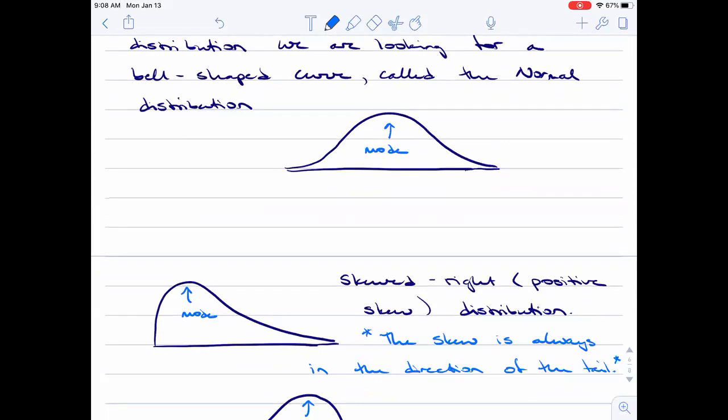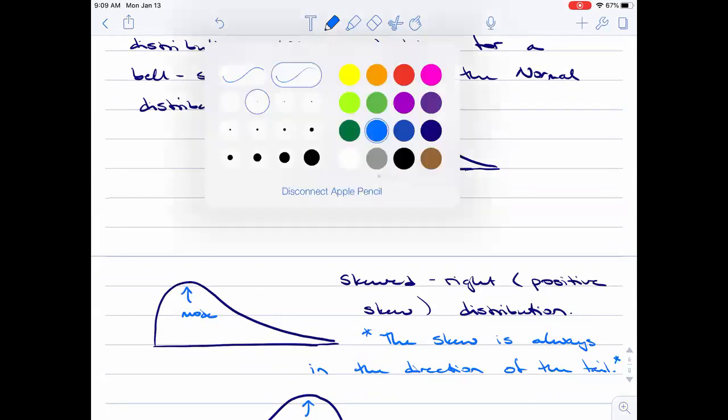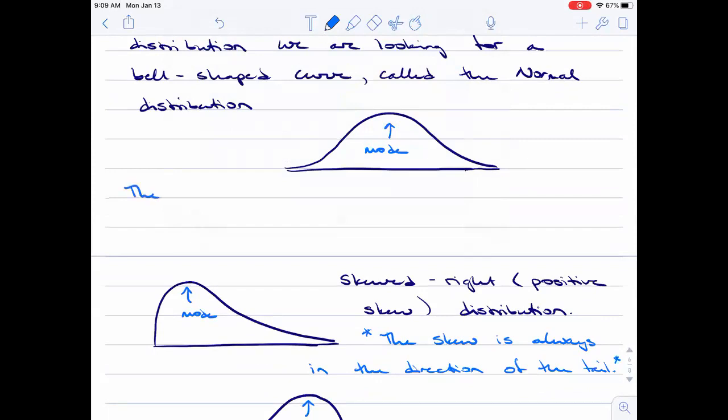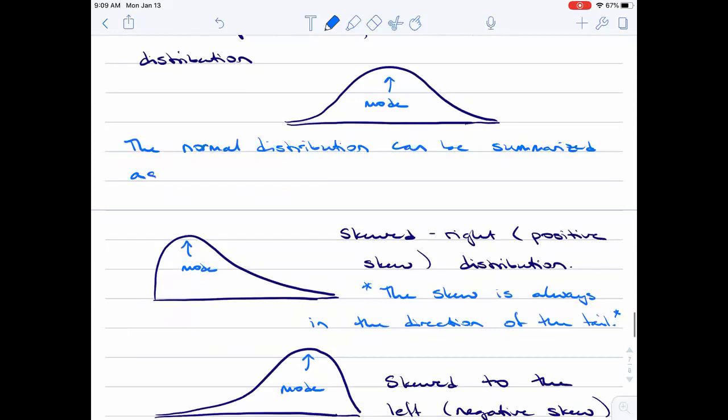So the normal distribution can be summarized as a symmetric unimodal distribution.